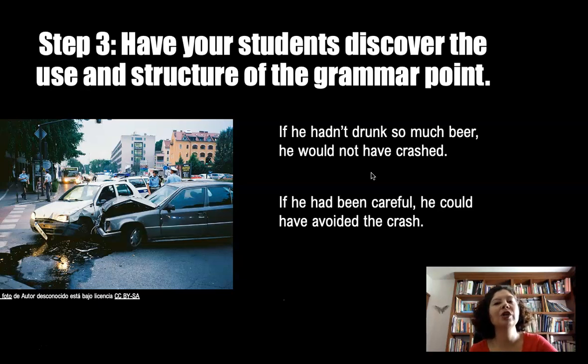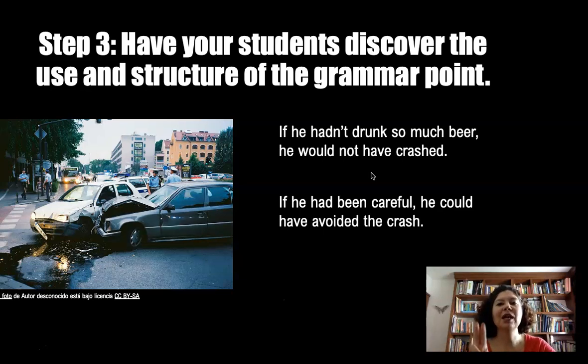Am I talking about a real or an unreal situation? Am I talking about present or past? In that way, when you ask concept checking questions, your students are going to understand the meaning of your TL or target language. Okay, that's the first thing.